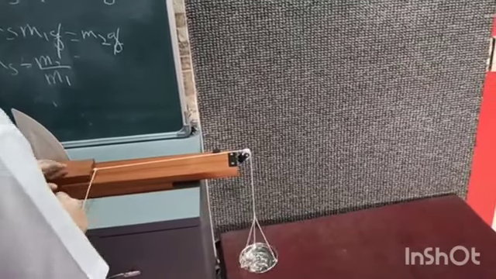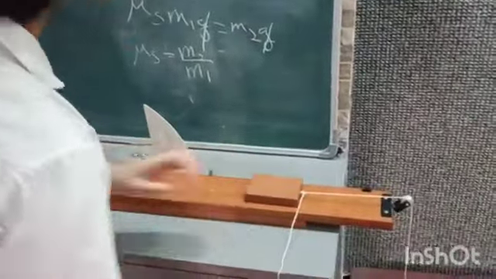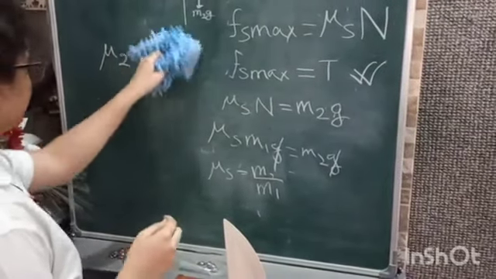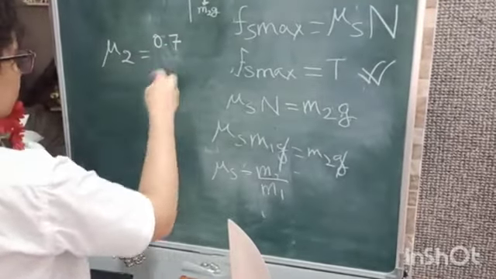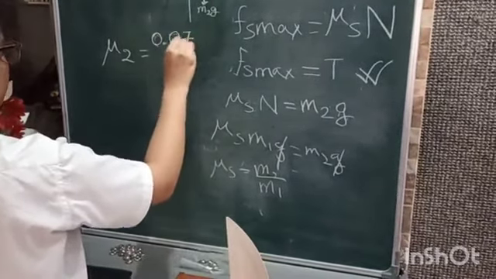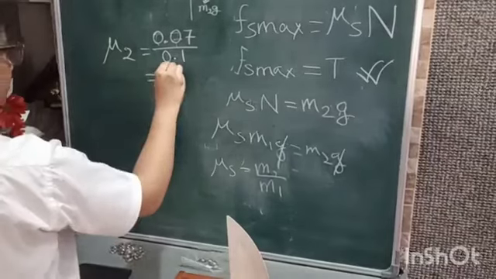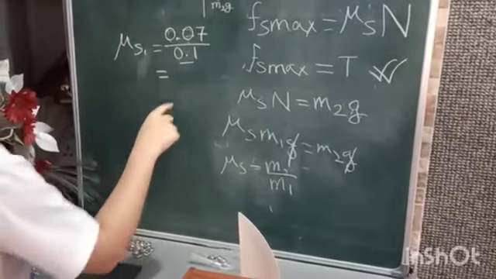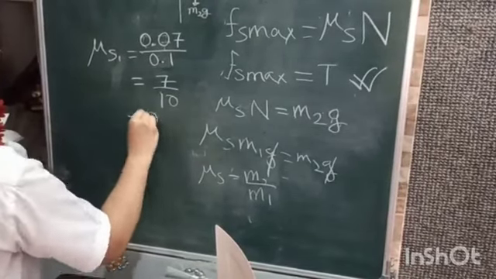So right now the coefficient of static friction between this surface and this surface is 70 grams, or 0.07 kg, divided by 0.1, so it becomes 7 by 10, which is ultimately equal to 0.7.